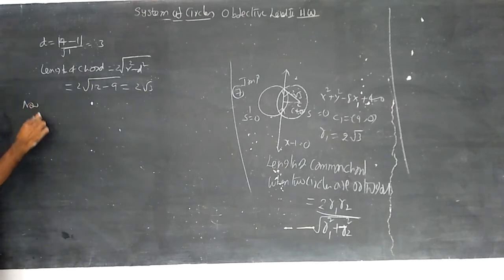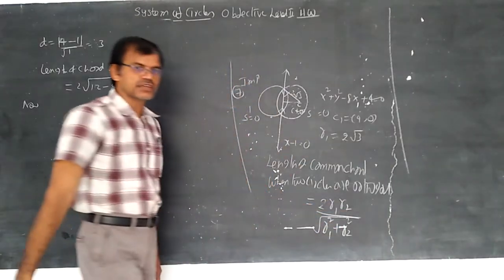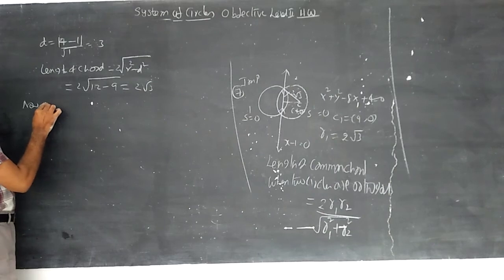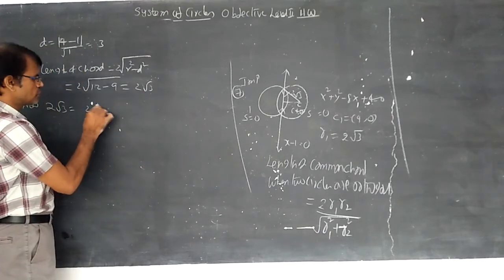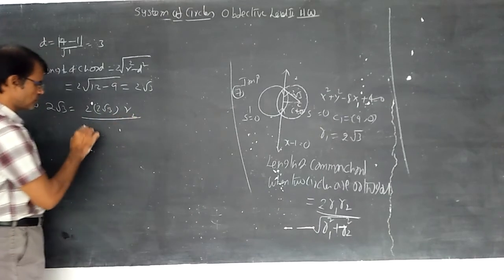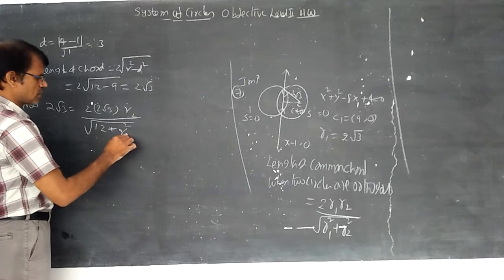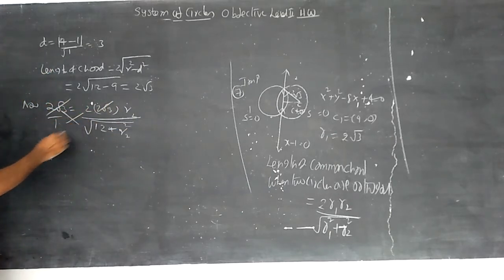Now, according to this formula and according to the theory, we should get equal values. We can write 2 root 3 is equal to, because this is the length of chord we already got, 2 r1 means 2 root 3 into r2 by root of r1 square, that is 12, plus simply r2 square. 2 root 3 and 2 root 3 get cancelled.